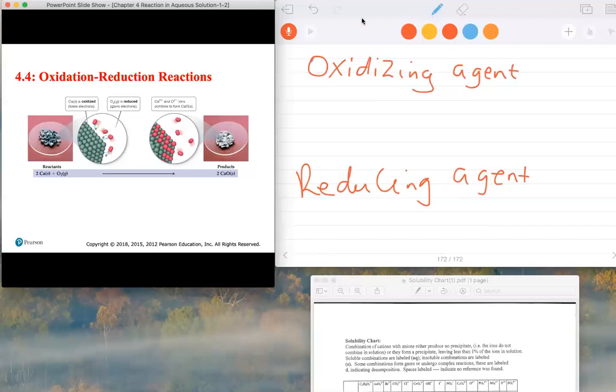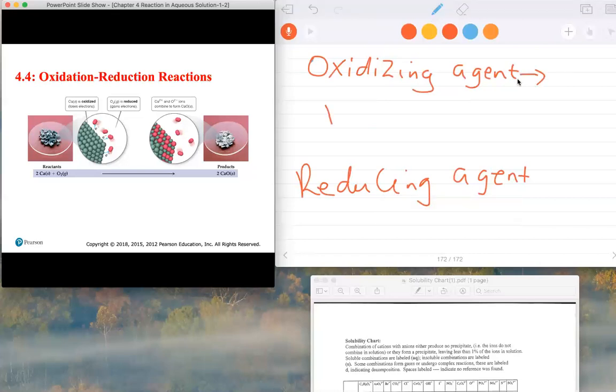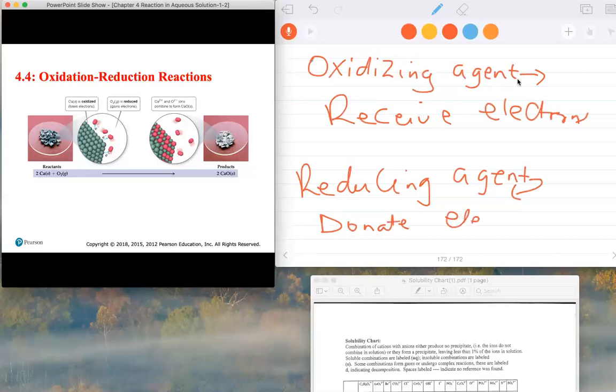There is reducing agent. Oxidizing agent causes oxidation or receives electrons, and this one donates electrons. It can be one electron or more than that.